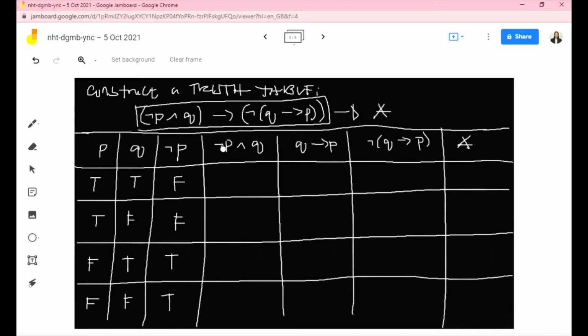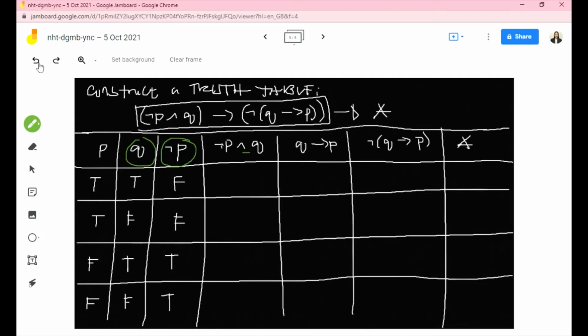Now let's have not P and Q. So let's go not P and Q, this particular column and this particular column. We have and. That means both of them should be true.